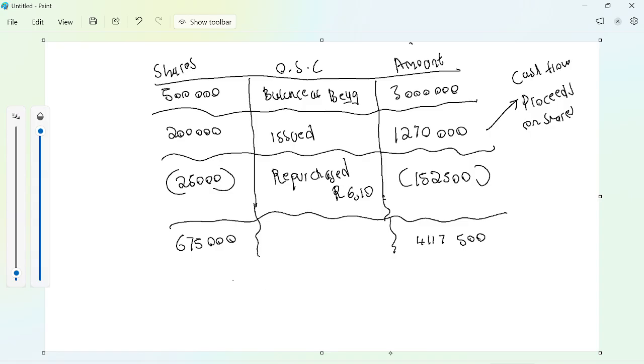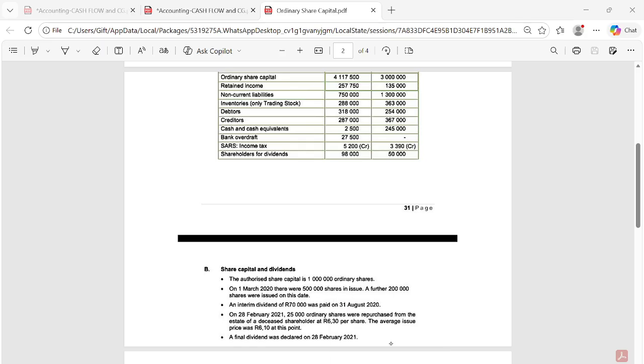And then what goes to the repurchase under cash flow? 25,000 multiplied by the total price. So already they've given us the total price. They said that the shares were repurchased at 6.30. So that's our total price.